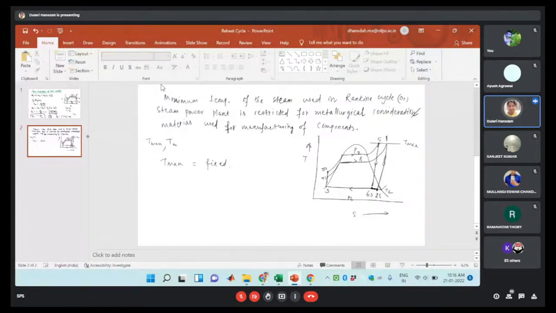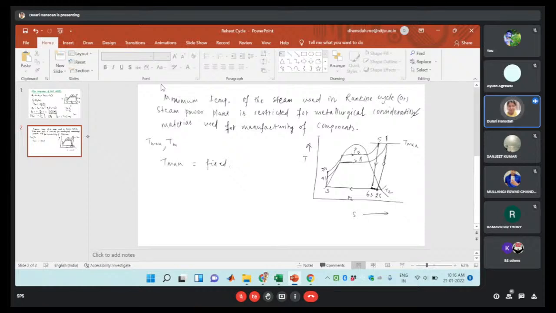In that case, your mean temperature of heat addition also increases. So this is the mean temperature of heat addition, here 1 to 4.